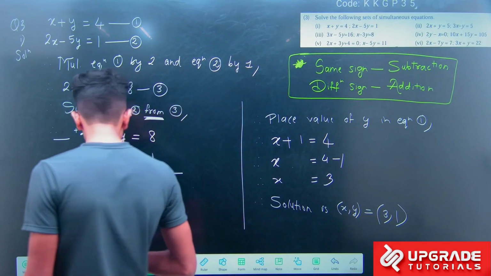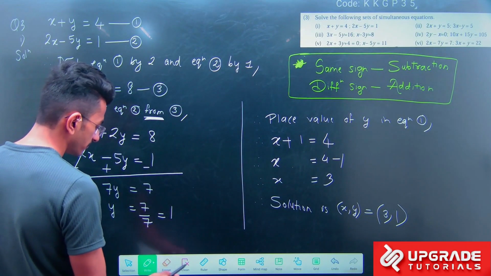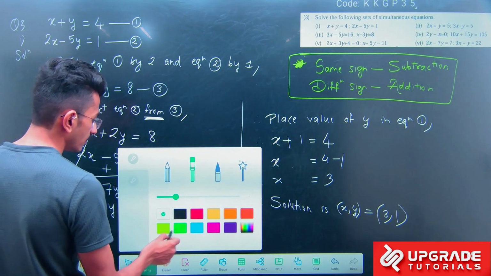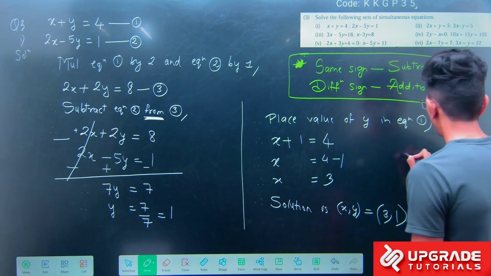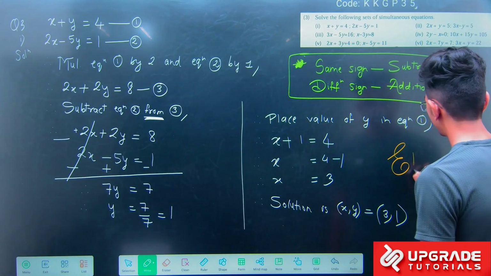This method name is elimination method. What is the name of this method? Elimination method.